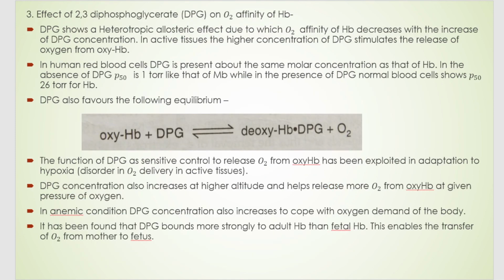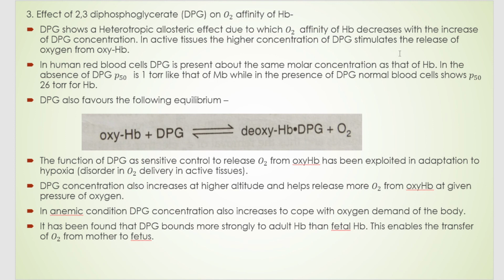So the last one is the effect of 2,3 diphosphoglycerate on oxygen affinity of hemoglobin. You already studied what 2,3 diphosphoglycerate, DPG, is. You know that for every one hemoglobin molecule, one molecule of DPG will be present attached to it. So this also shows heterotropic allosteric interaction.